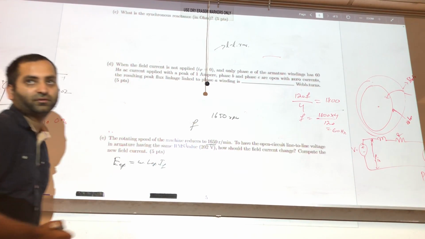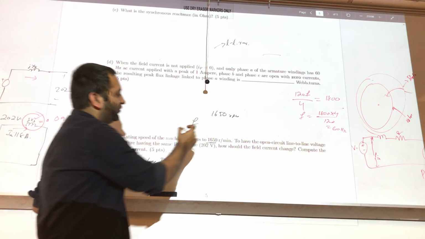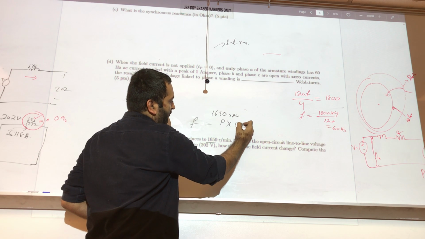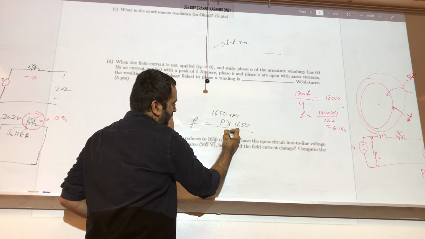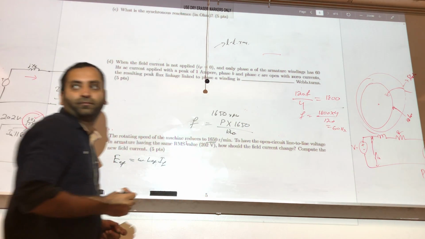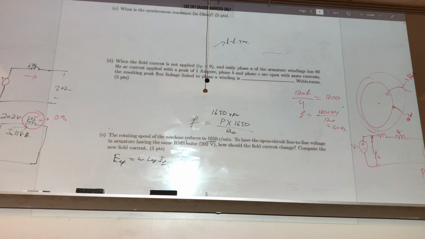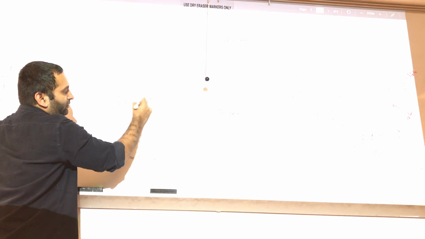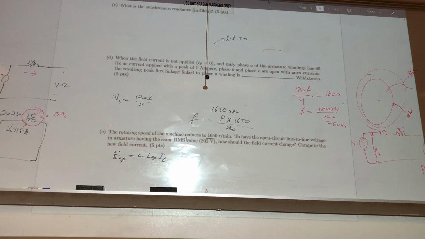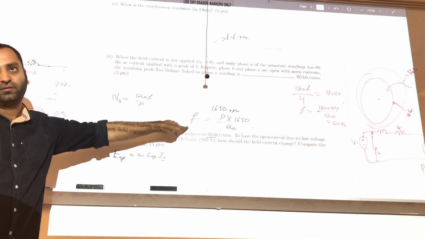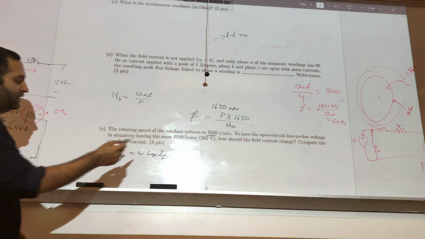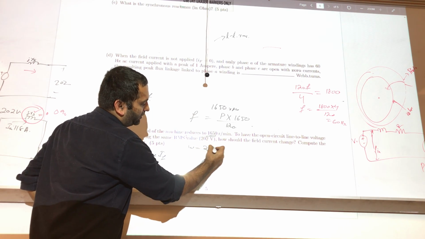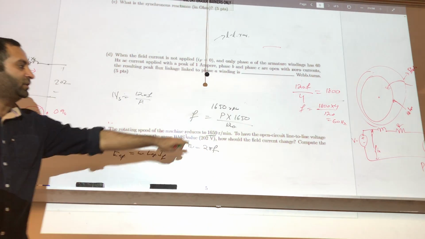Let's find frequency first. f is number of poles times the speed, 1650 over 120, because we know N_s equals 120 f by P. From there we can find the frequency. So once we find the frequency, we can find omega. Omega equals 2 pi f. So this f we found here.